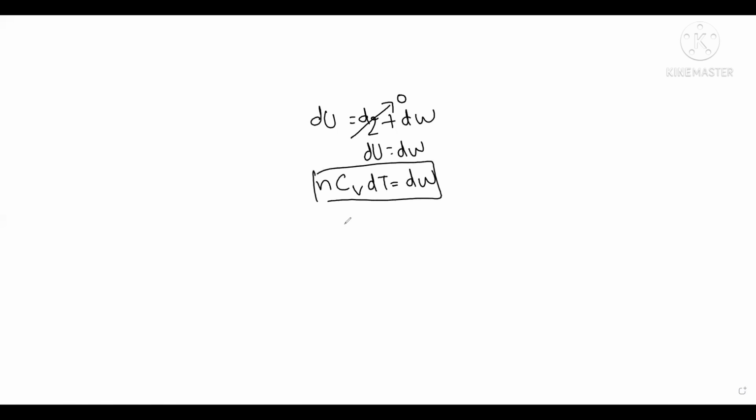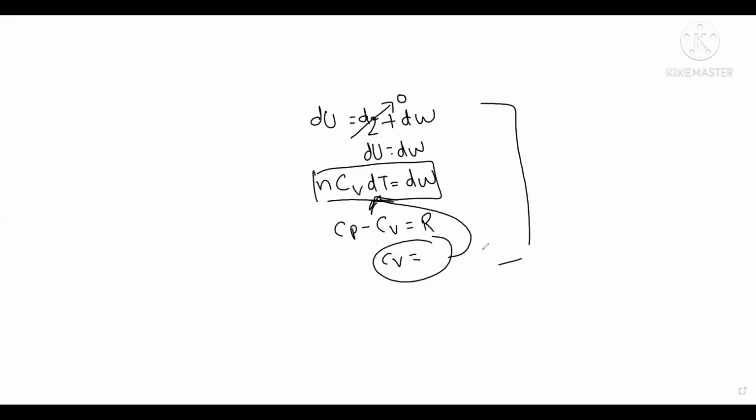After this, we applied Mayer's formula, Cp minus Cv equals R, and from that we calculated the value of Cv. Then we substituted the value of Cv in this equation and integrated both sides. This was the process for work done in an adiabatic process. So two things we have done today.